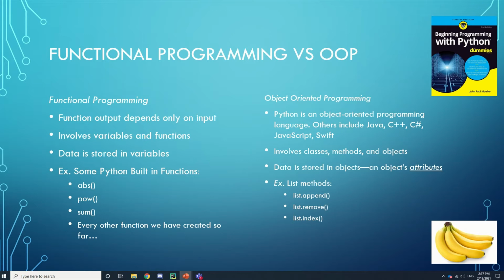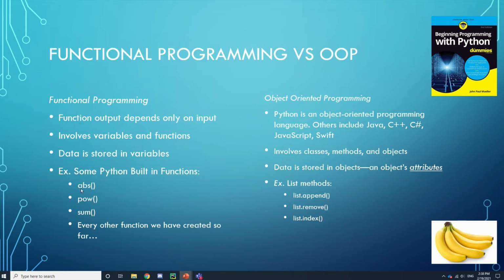So we've only been dealing in the realm of functional programming, which was your variables, and then your functions. I have a little comparison between functional programming and object-oriented programming here. When you have functions, as you know, you put in a parameter to the function and it returns something, or does some action. For every input, there's only one output. Down here I have some built-in functions that we've been working with: absolute value, power, and sum.